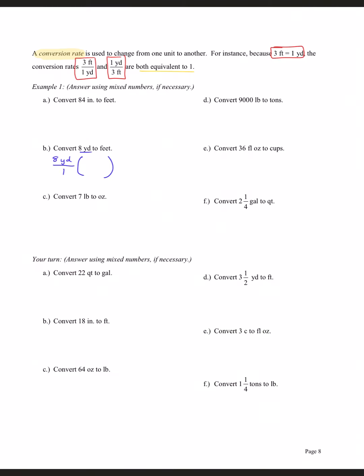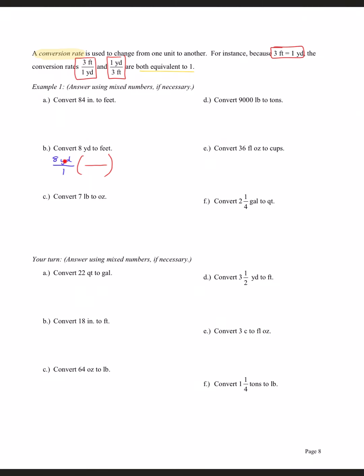So let's use a different color for that just so we can see what we're doing. We'll use the conversion rates in red. And it's going to be a fraction. Now, this is why I wanted to go to B, because we're going to use either this one or this one, and we need to figure out which one to use. The idea here is we need to get rid of the unit of yards because we want to convert it to feet.